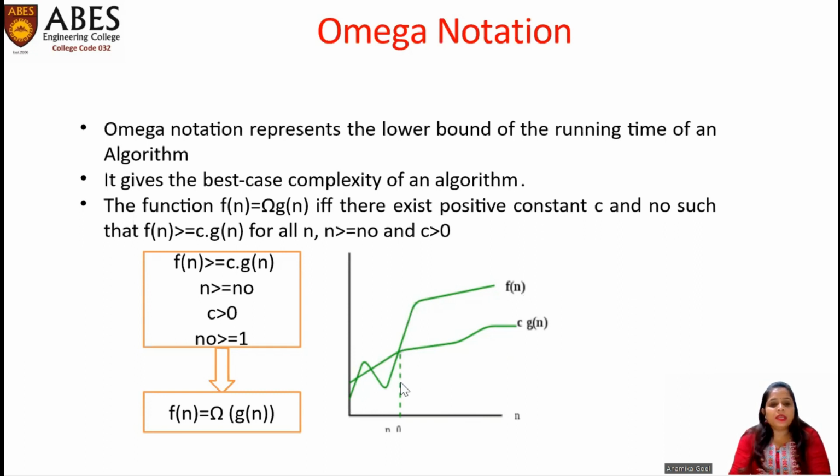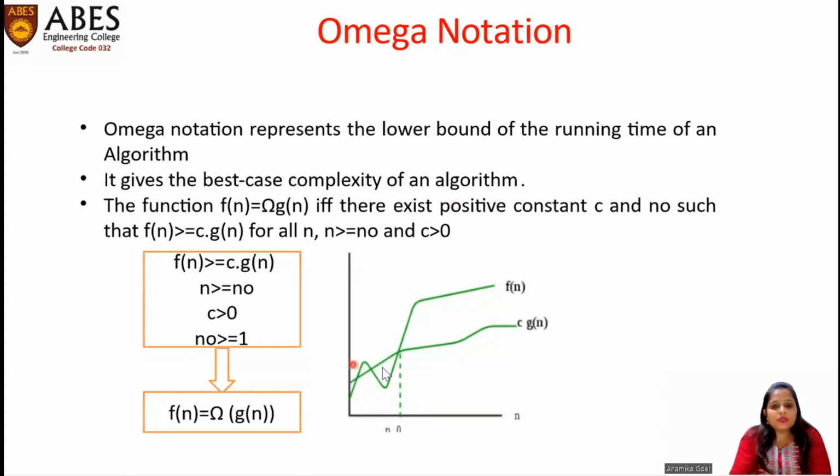We again represent the function f of n in terms of g of n with the help of omega notation. The function f of n is equal to omega of g of n if there exist positive constants c and n naught such that f of n is greater than or equal to c dot g of n for all n, where n is greater than n naught and c is greater than 0.